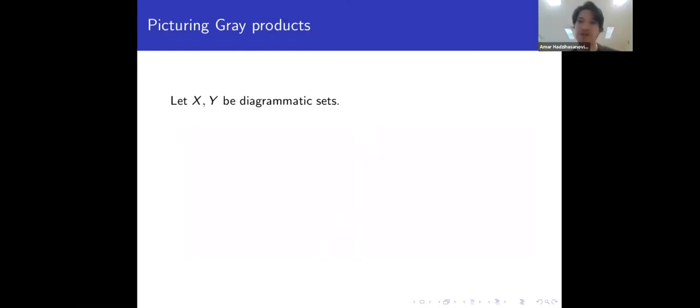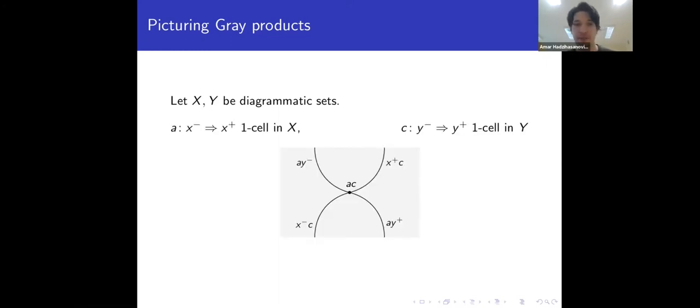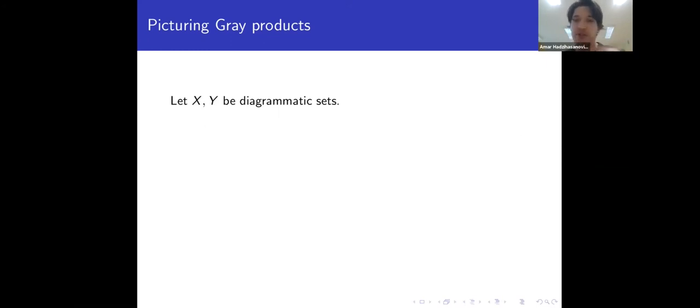So I'm going to show you some pictures of what these gray products look like. Let's say X, Y are just diagrammatic sets. Now, first of all, in the gray product of X and Y, we have a copy of X on top of each zero cell of Y, and we have a copy of Y on top of each zero cell of X, because the model of a zero cell is the unit for the gray product.